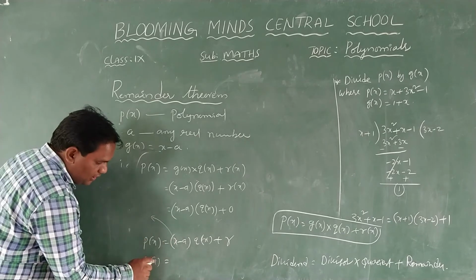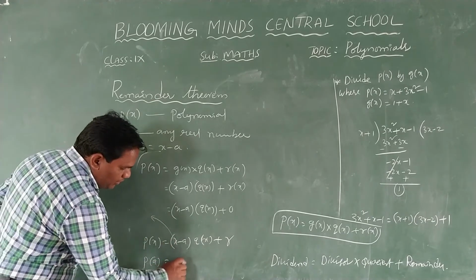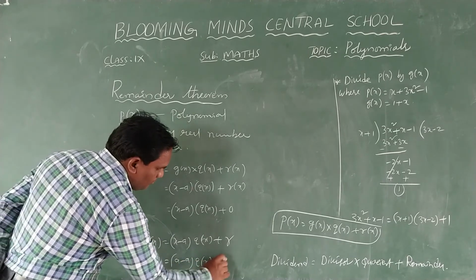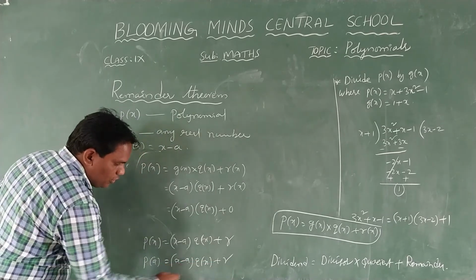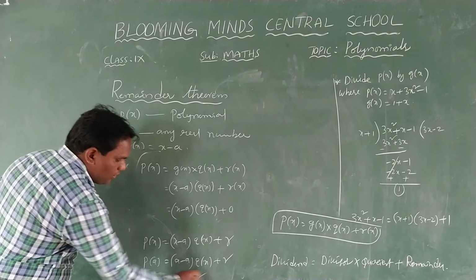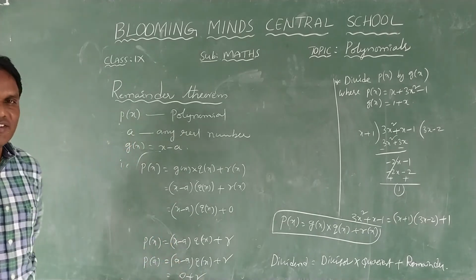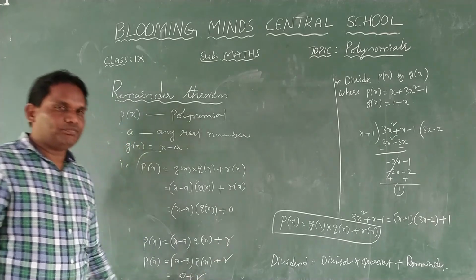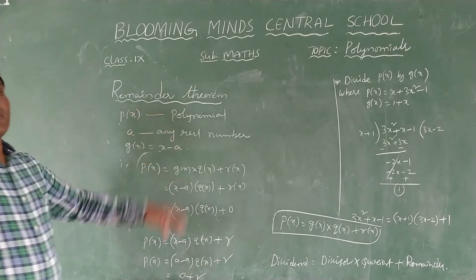So P of a is equal to a minus a into Q of x plus r. This means 0 into Q of x is 0, plus r. The remainder is r, a constant. So this is nothing but the remainder theorem.